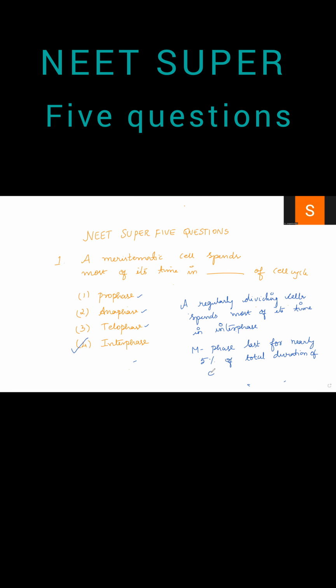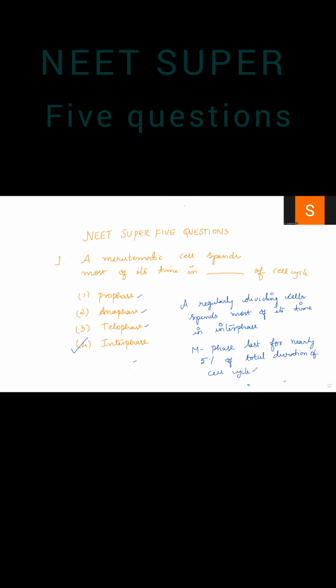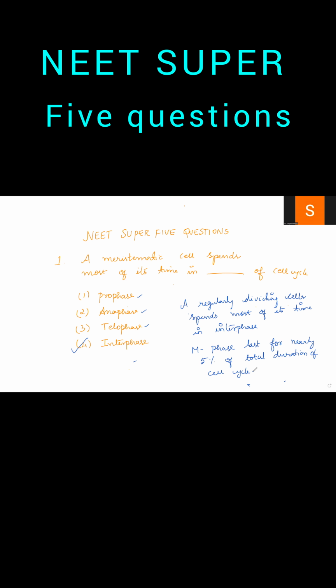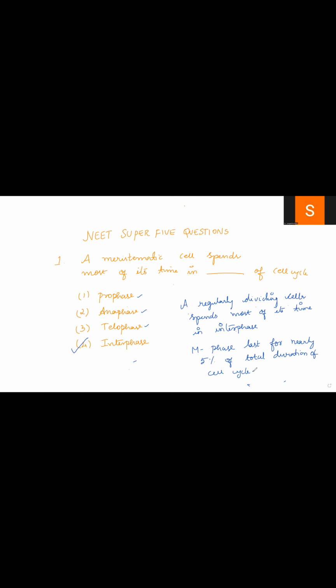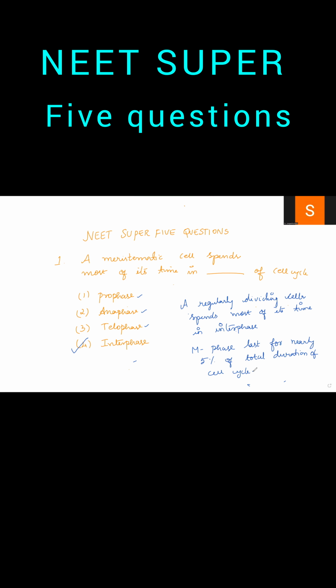For example, in human cell division, which lasts for 24 hours, it spends 23 hours in interphase and the remaining 1 hour in the M phase, that is prophase, metaphase, anaphase, and telophase, followed by cytokinesis, resulting in two daughter cells.